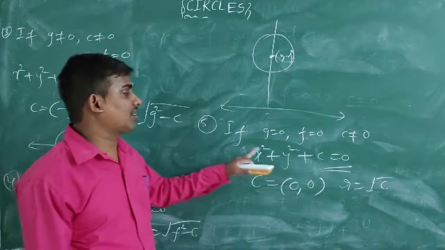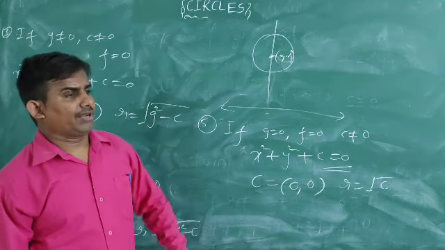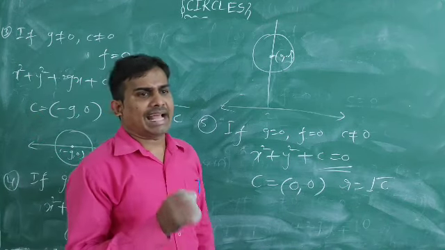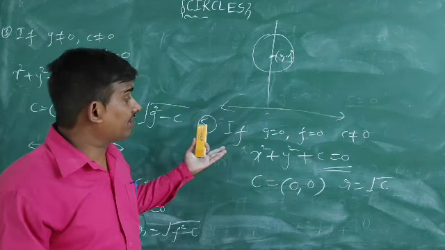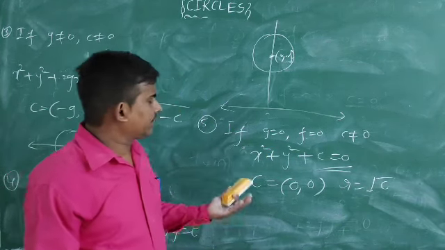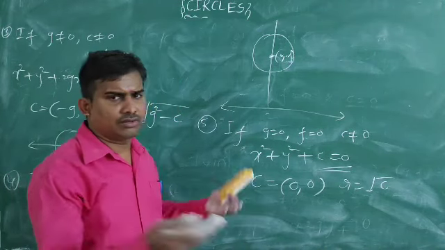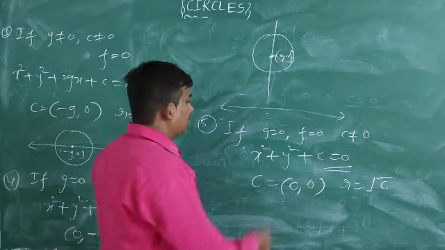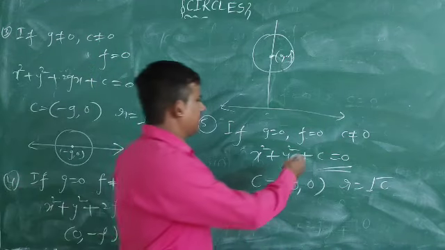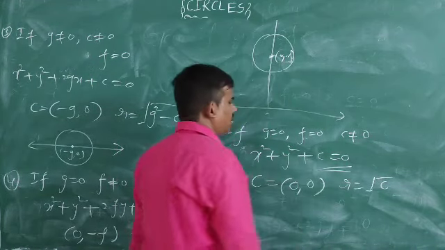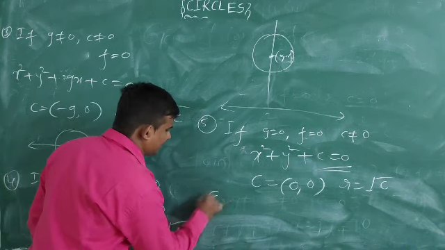Usually, if the center is at the origin, and the x-axis and y-axis pass through the center, the forms x square plus y square plus c equal to 0 are standard forms. It may be written with minus c as r square, etc.